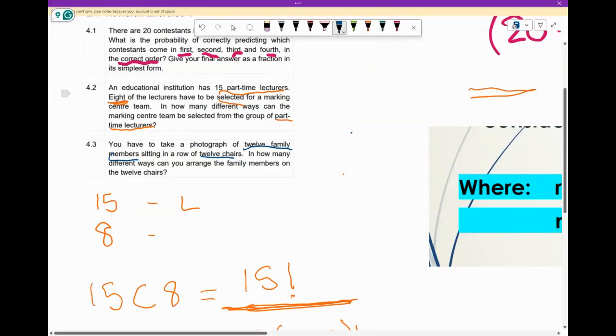In how many different ways can you arrange the family members on the 12 chairs?